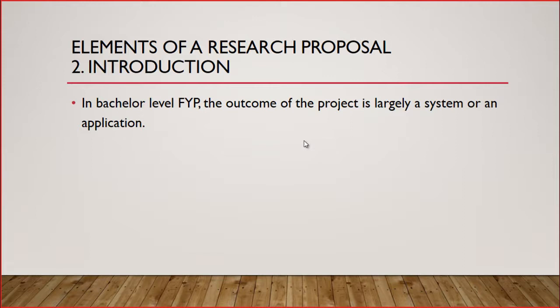Sometimes it's an application, meaning that it does a task but does not normally belong to a particular company. For example, we have an attendance system for UniKL, so there is a process there. But an application could be, let's say, one to learn how to cook.